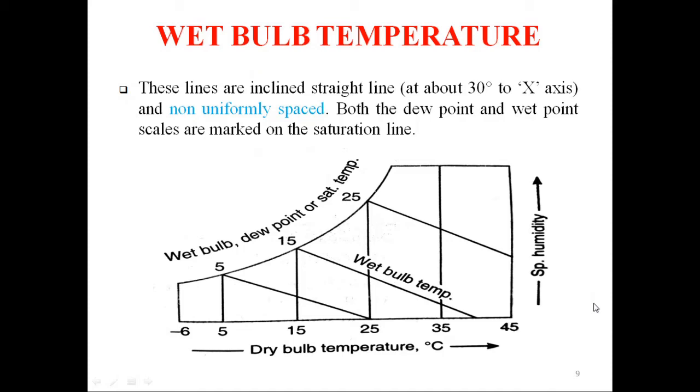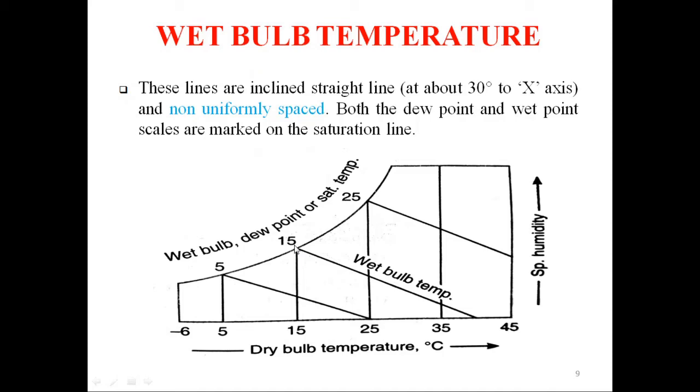Both the dew point and wet bulb scales are marked on the saturation line. So for finding the value of dew point and wet bulb temperature, the scaling is marked on the saturation curve. Suppose this is our required point. Now you have to find out the value of wet bulb. So how will you find out? You will draw a straight line at 30 degrees to the x-axis and you will get the value as 15 degrees Celsius.